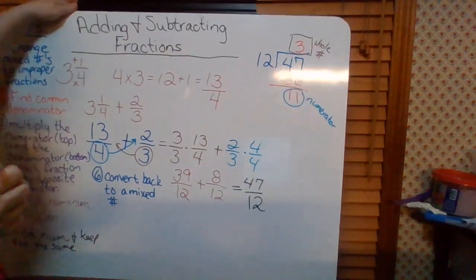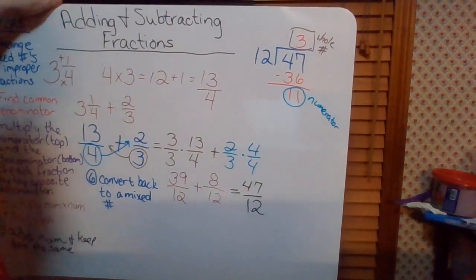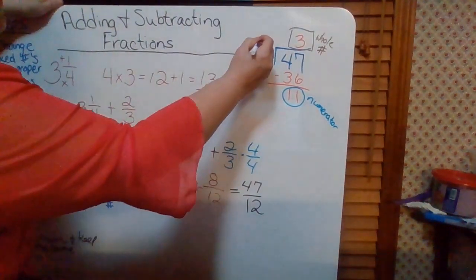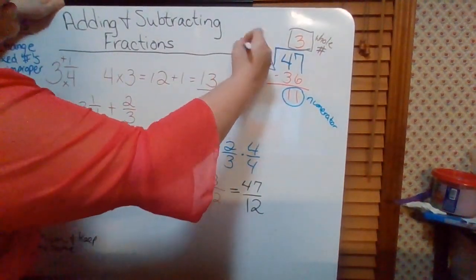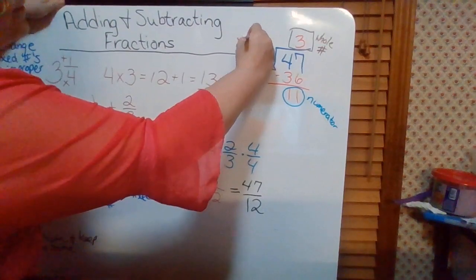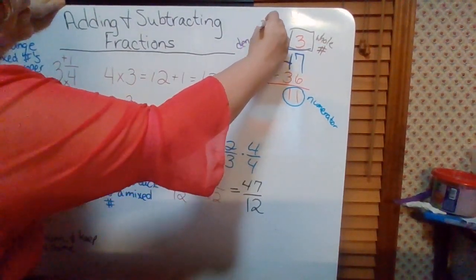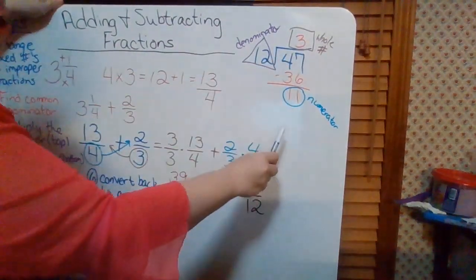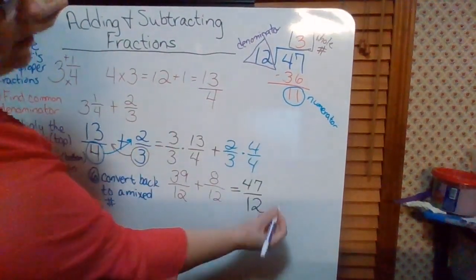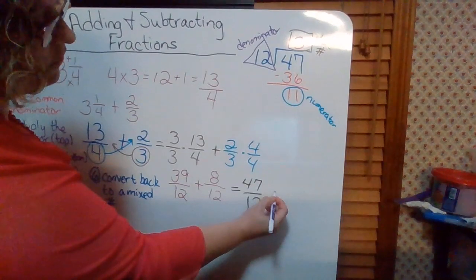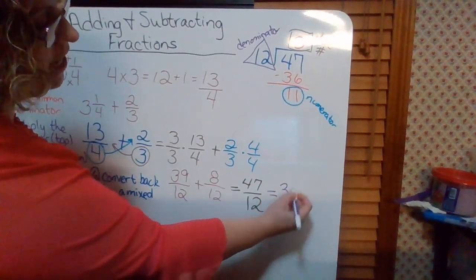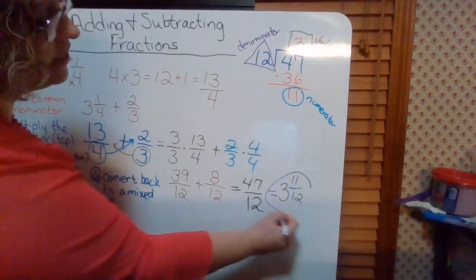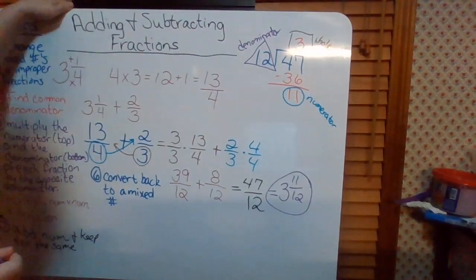And then this is your denominator. Okay, so whole number, numerator, denominator. So 47 over 12 is 3 and 11 over 12. So this would be my final answer.